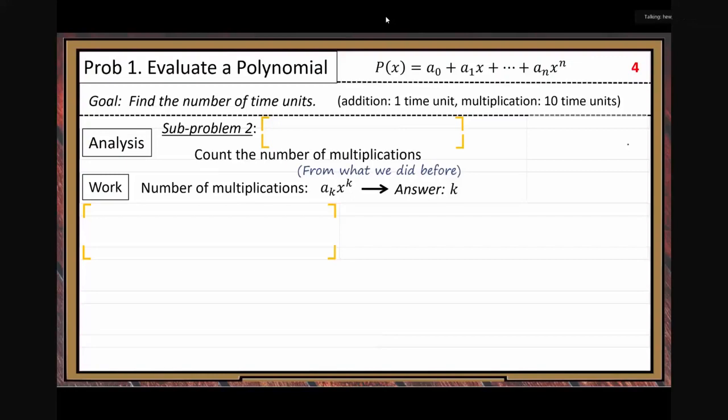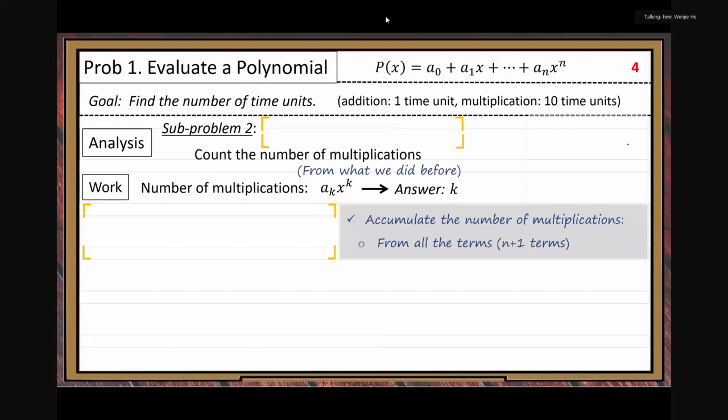So this time, we only need to accumulate all the multiplications, combining all the terms. So we just do a summation, combining all n plus 1 terms. The first term has no contribution, right? Starting from the second term, each term has a contribution.